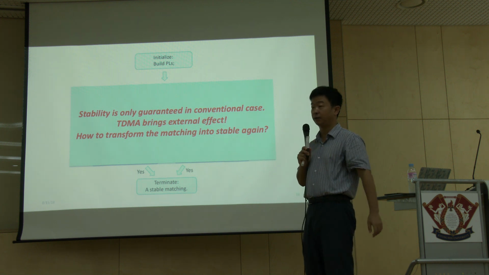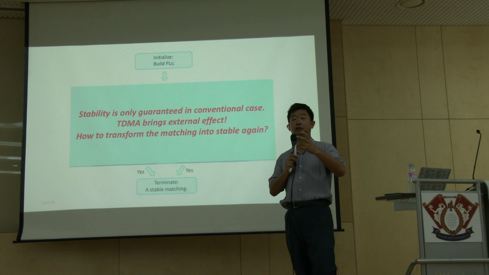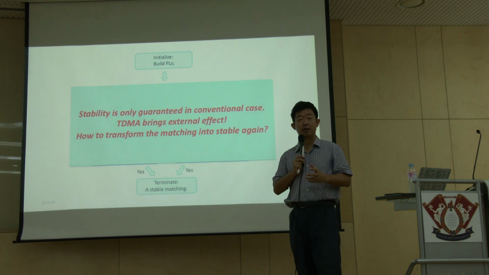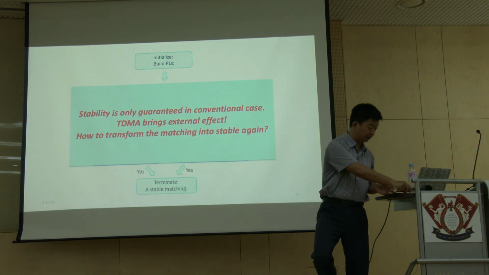Another example is single cell resource allocation, because for a single cell, the interference is very severe.